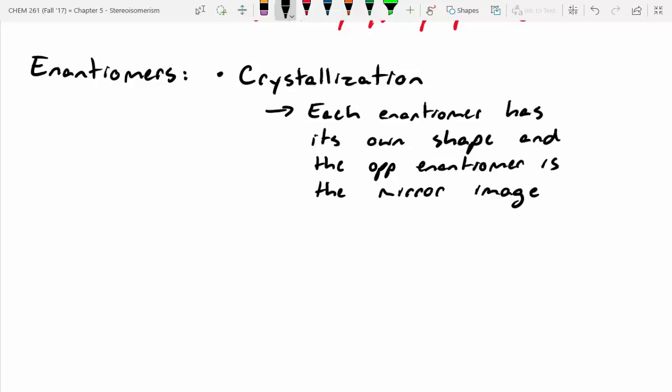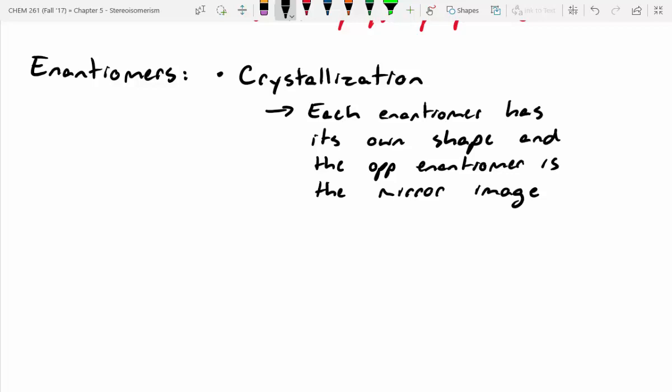So the analogy I like to use is, imagine a pair of shoes, right? A pair of shoes, they're mirror images of one another, so you could consider them enantiomers. So if all you had was a big pile of shoes and you dumped them in the room, you could say, all right, I'm going to sort the left-handed shoes from the right-handed shoes physically, right?